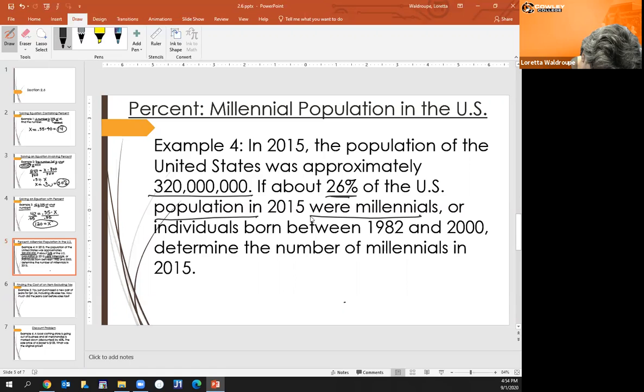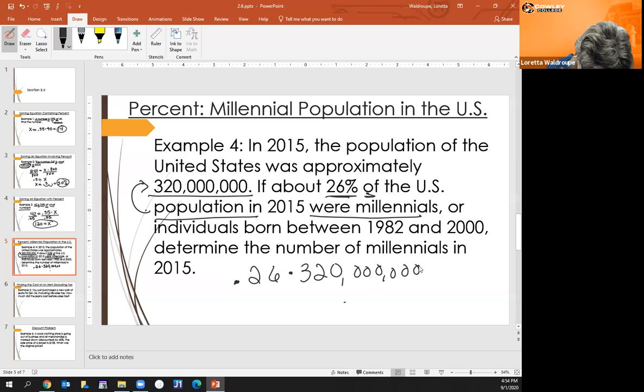So 26%, and we have to write it as a decimal, of means times the population, which is referring back to this 320 million, equals, and this time I'm going to use M to represent millennials.